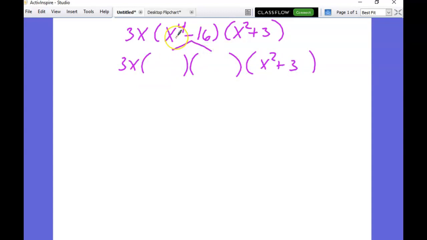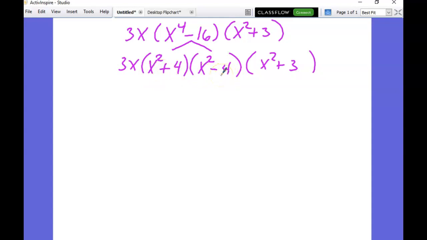What's the square root of that? Square root of that? 1's plus, 1's minus. Are we done? Maybe. Let's check. 2 terms. Is that a difference of squares? Nope, it's not minus. Is that a difference of squares?